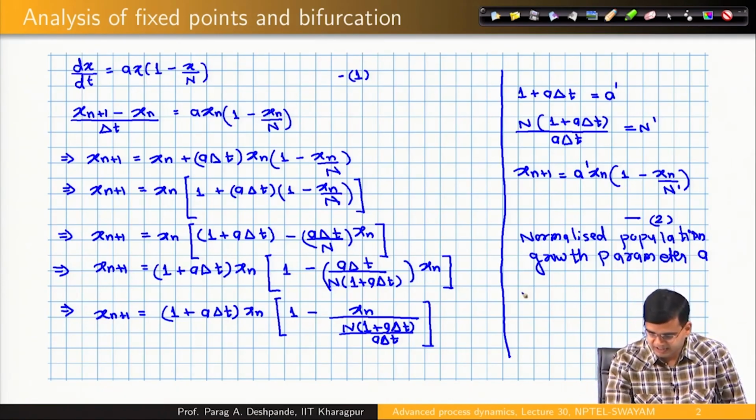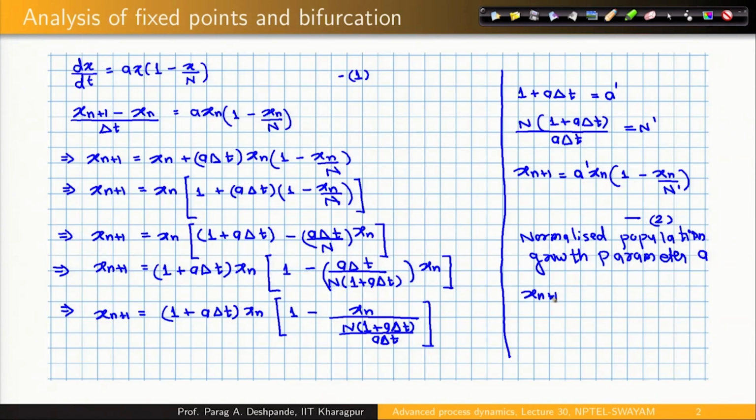So, my equation becomes x_{n+1} = a x_n (1 - x_n). In fact, mathematicians call this parameter the finite growth parameter, to emphasize that this particular equation is in discrete time domain.